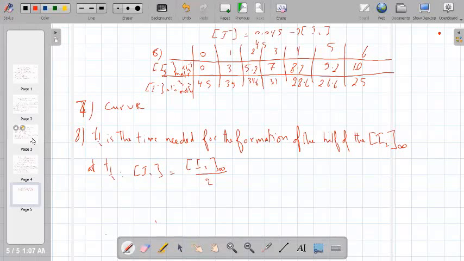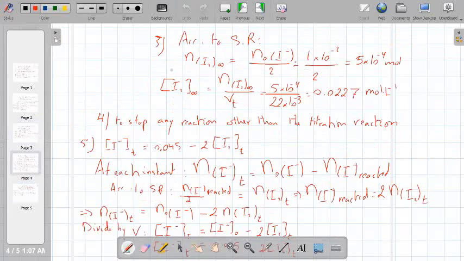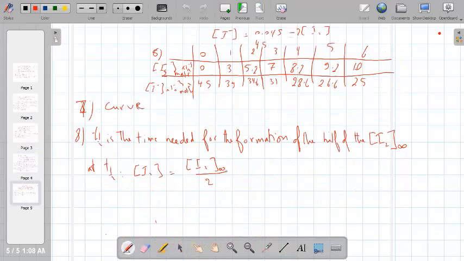We have calculated the concentration of I2 at infinity in part 3. It is 0.0227, that means 22.7 × 10^-3, over 2, equal 11.35 × 10^-3 mole per liter.